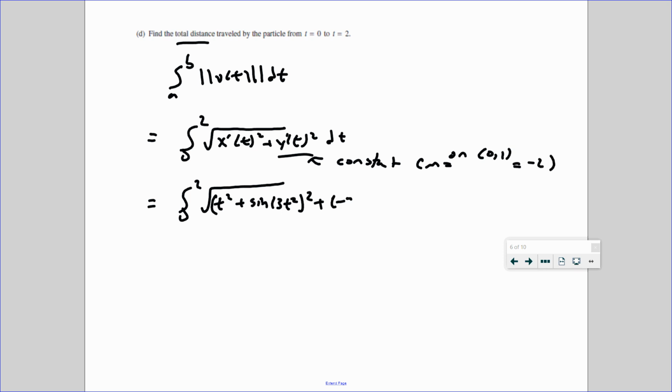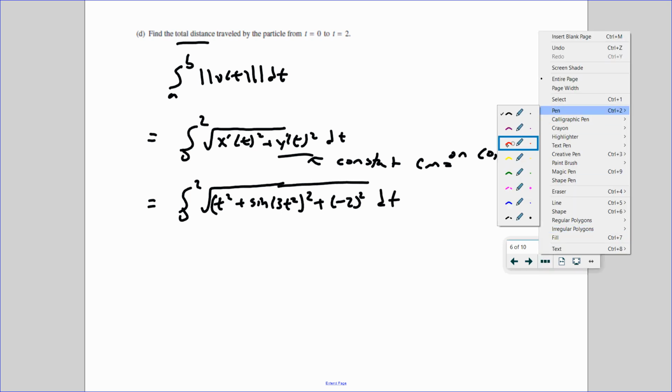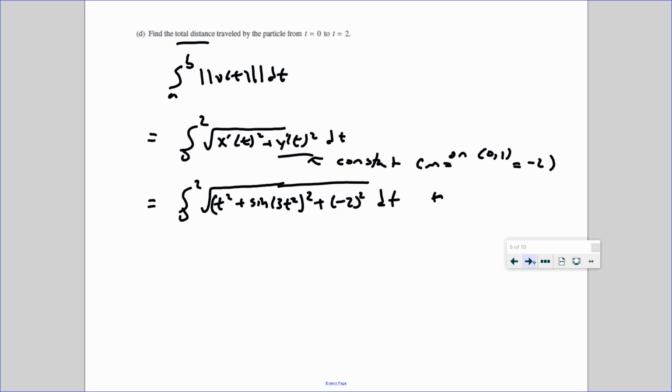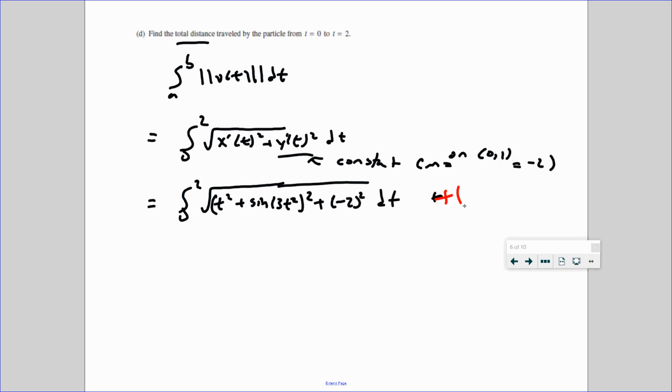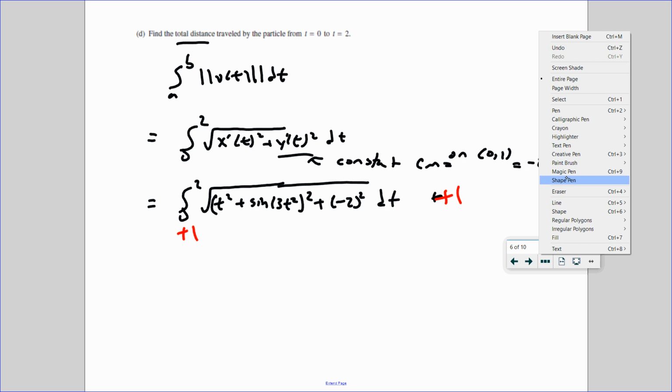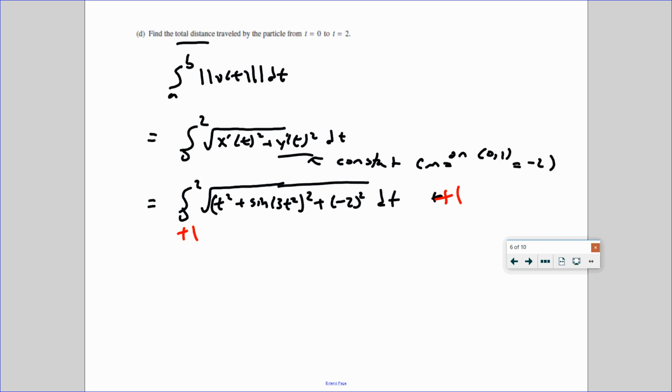So this becomes a -2 squared dt. Ugh, nasty. Now, you're going to get 1 point for just the setup. You get 1 point for getting the integral. And now, let's go and get the answer.